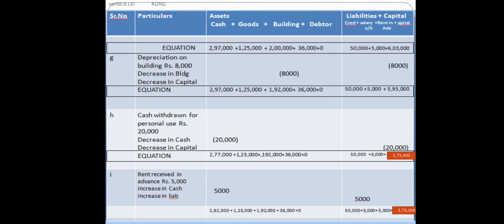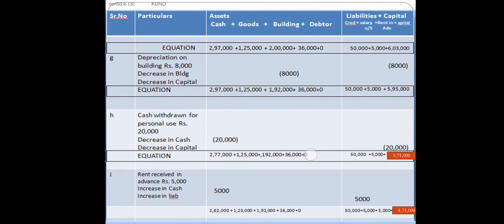So here we just minus from our building, that is the decrease in value of assets, and at the same time your capital also decreases. Why does capital decrease? Because it's a loss, so it reduces our capital. Your equation setup will be the same on both sides, right?